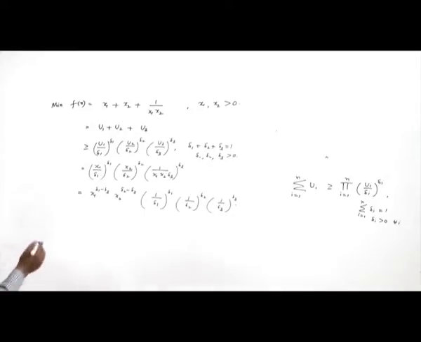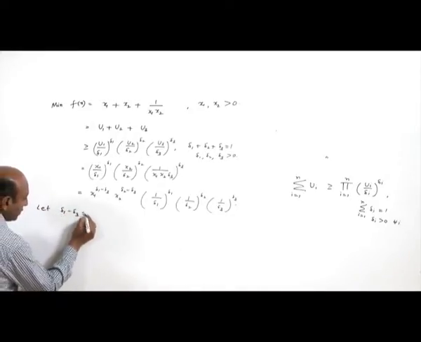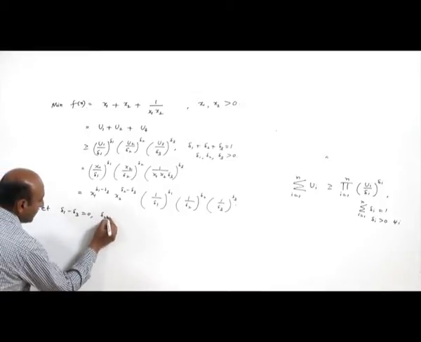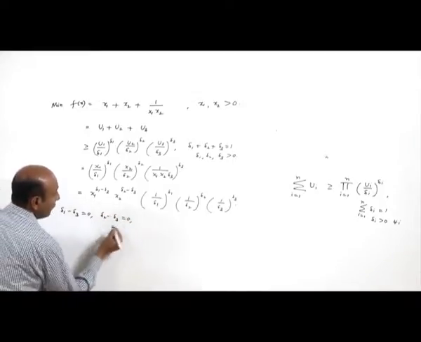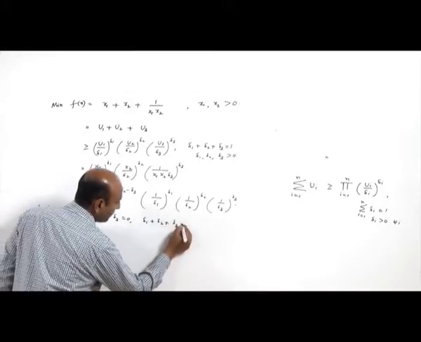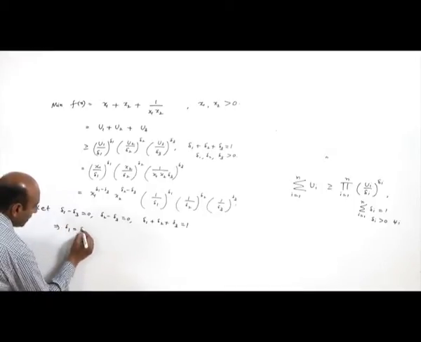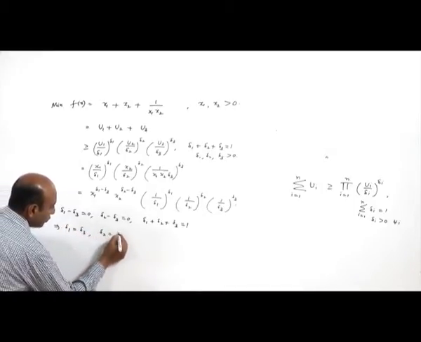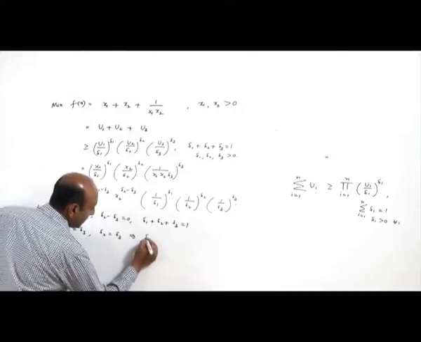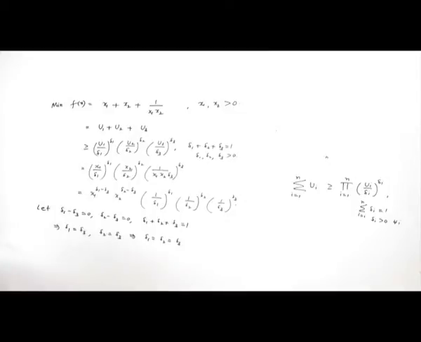So, let delta 1 minus delta 3 equal to 0 and delta 2 minus delta 3 equal to 0, and we know that delta 1 plus delta 2 plus delta 3 is 1. So, from here we obtain delta 1 equal to delta 3 and delta 2 equal to delta 3. This means delta 1 is equal to delta 2 is equal to delta 3 and sum is 1.